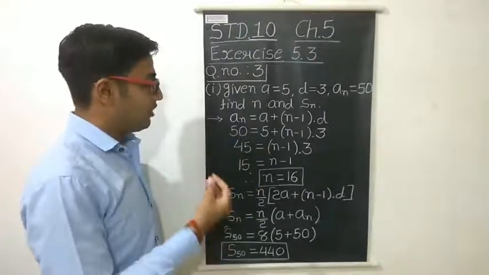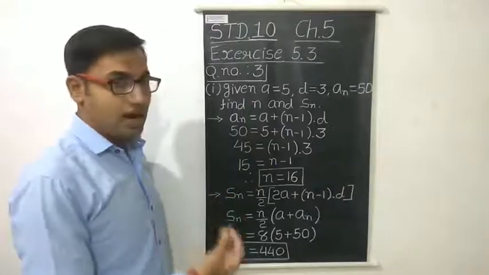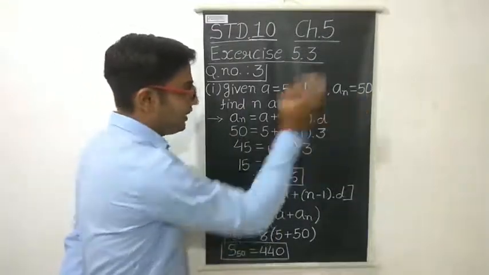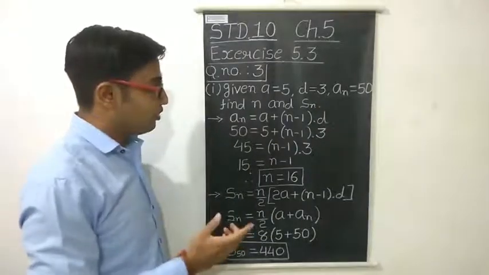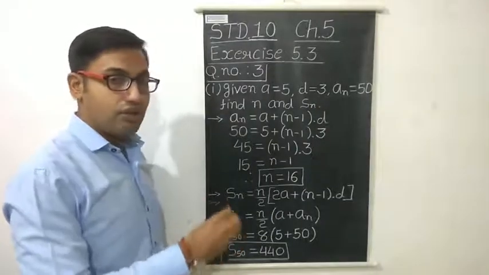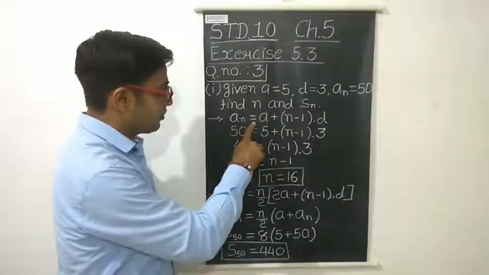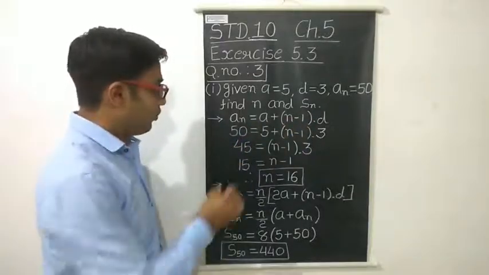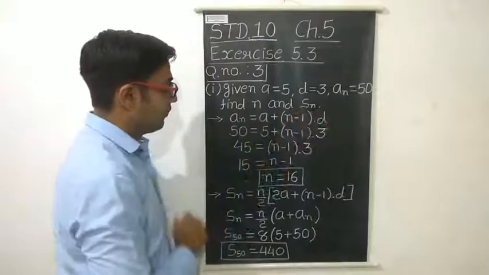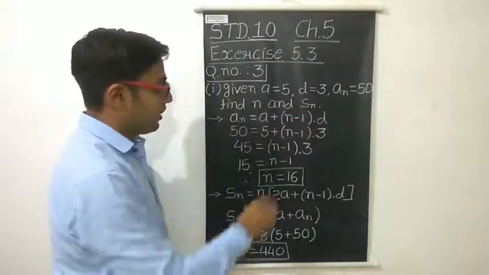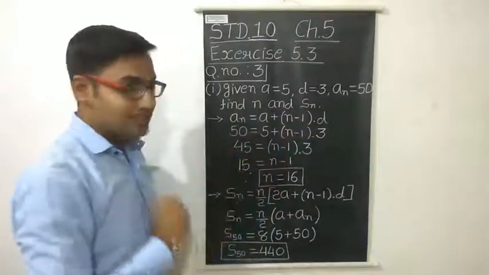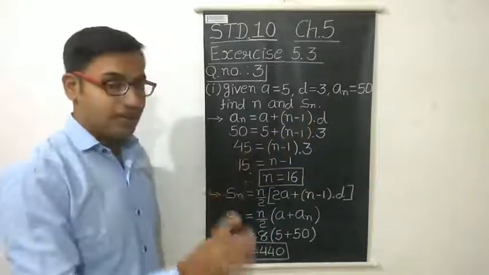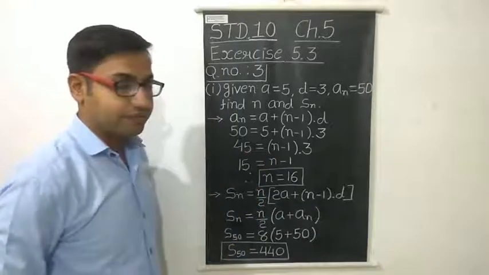To find out the value of n, we will start from whatever we have given. We have given an is equal to 50. So we can use the formula to find the nth term, and that is an is equal to a plus n minus 1 into d. Now the value of an is 50, a is 5, n minus 1 remains as it is, d is 3. From this equation we can find the value of n.